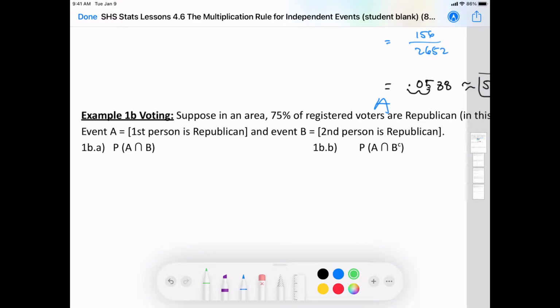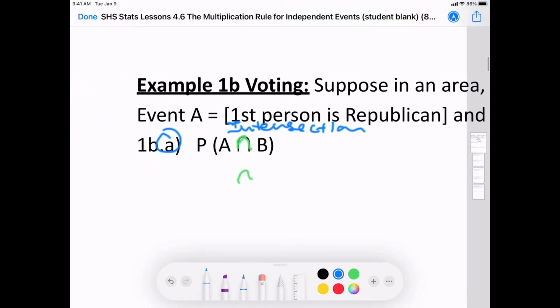So in this example, I have the probability of event A and its intersection. And remember, this is like the word what? And.